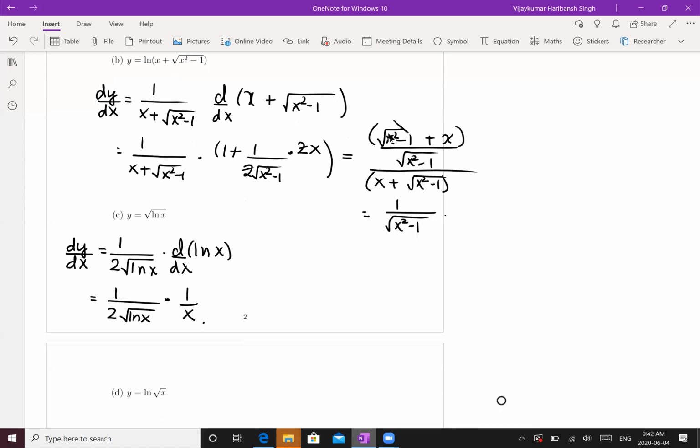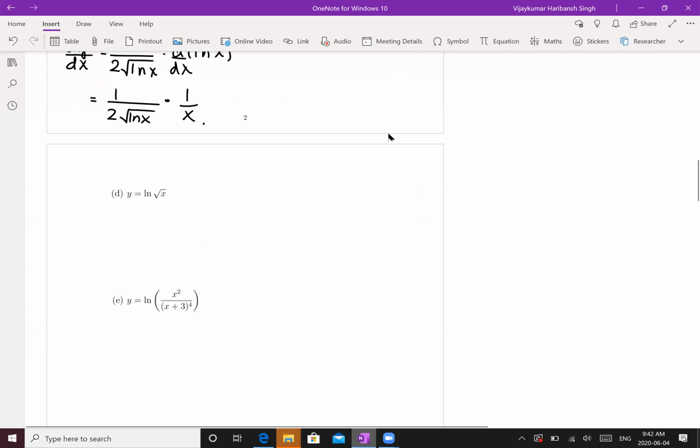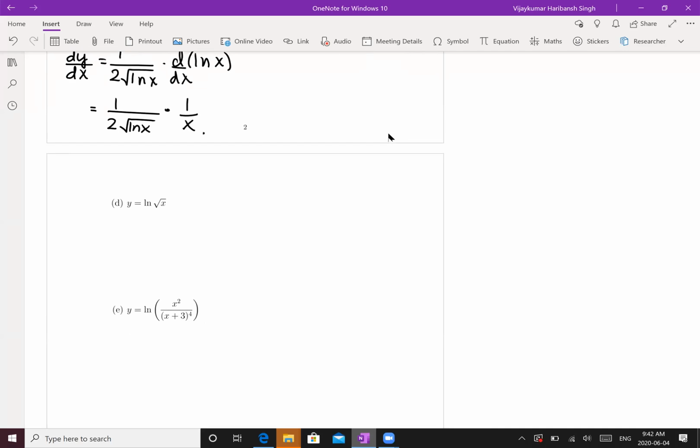Let's move on to the next one. So y equals ln of square root of x. Now either you employ the chain rule and go about it, or notice the following, that this is the same as x to the power half, but the property of log tells you that this is going to be half ln x.